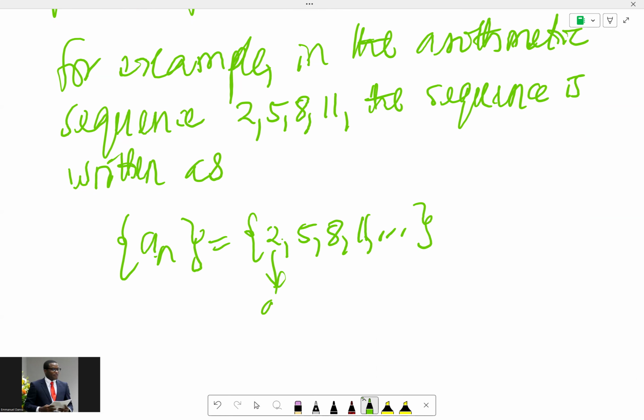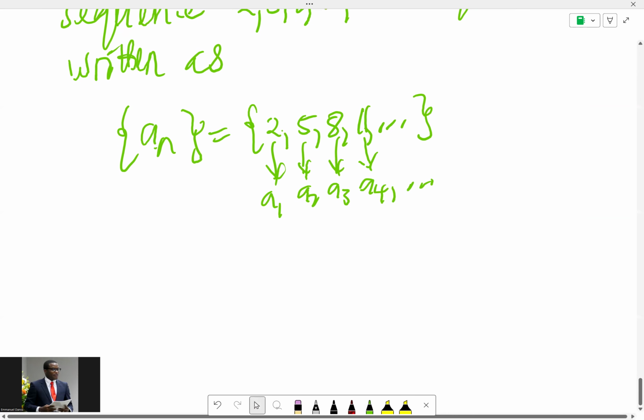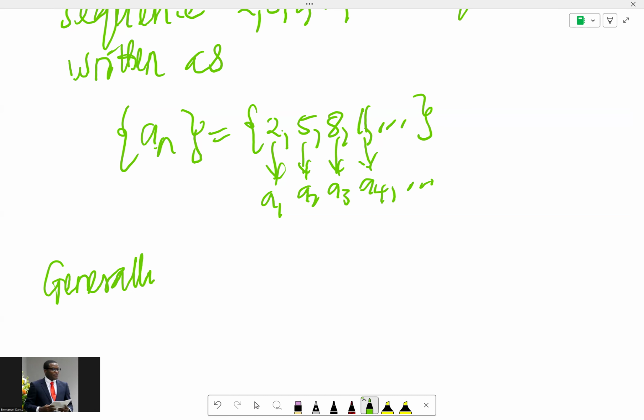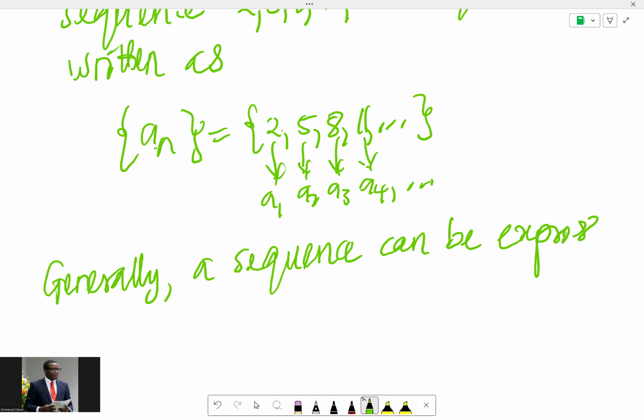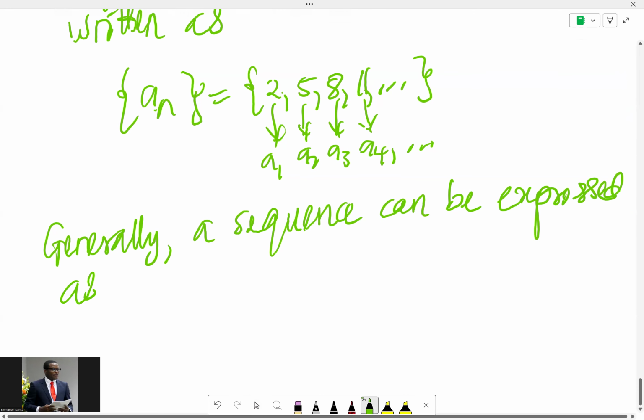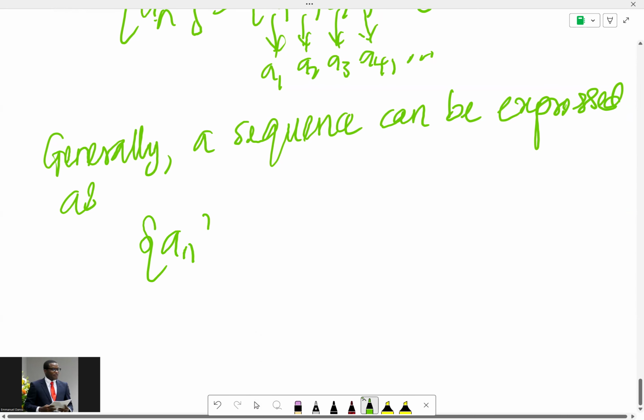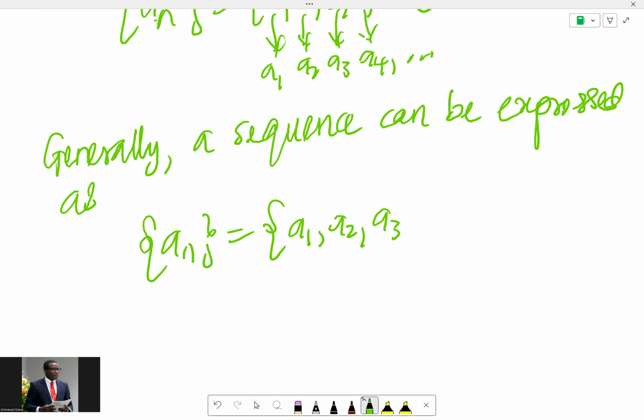So of course, this is a_1, this is a_2, this is a_3, this is a_4, and so on and so forth. All right. So generally speaking, a sequence can be expressed as this a_n, and that leads to a_1, a_2, a_3, a_4, and so on and so forth. So that is the notation.